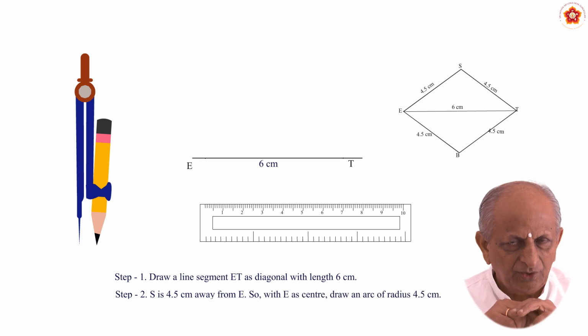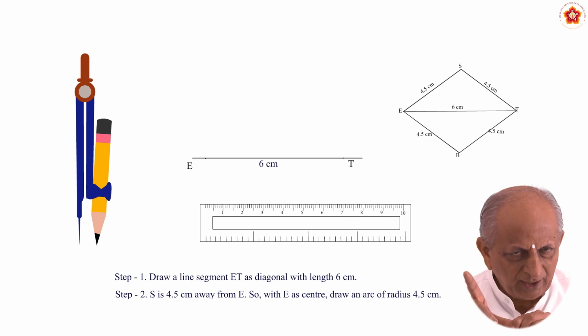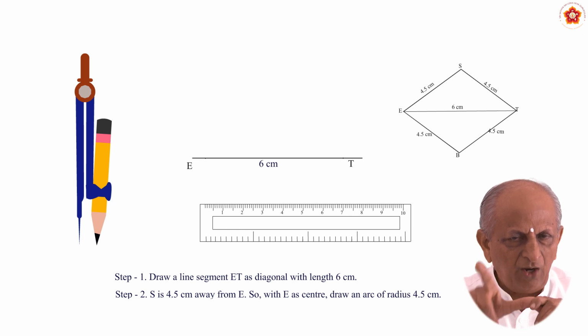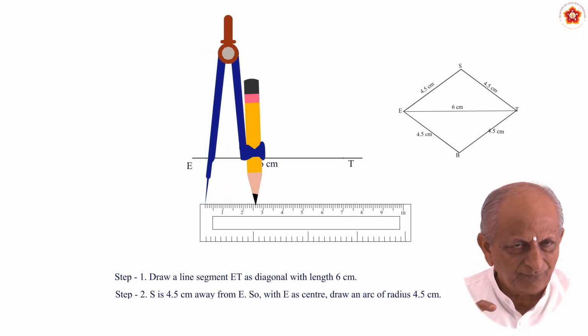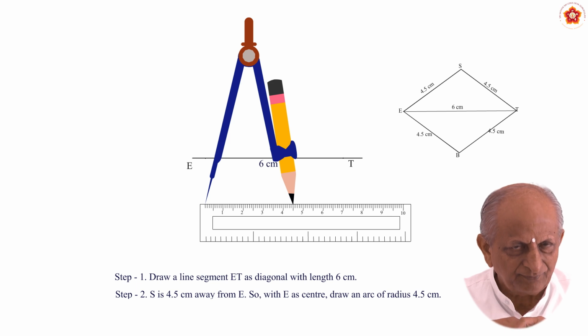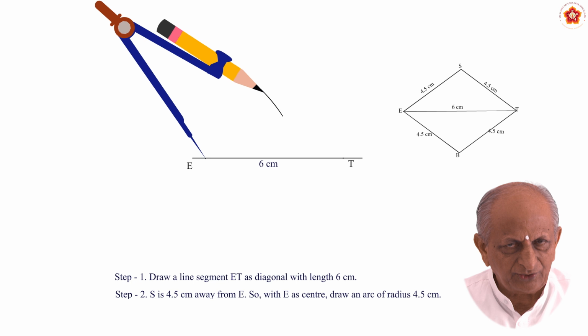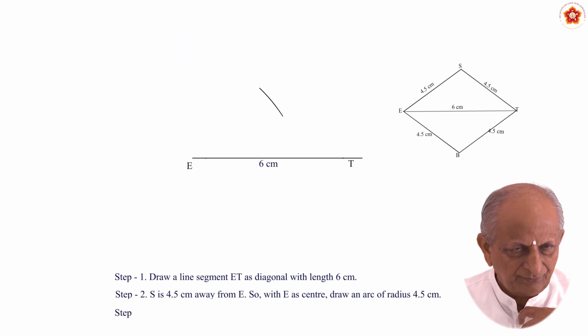Second step, we know that there is a point called S, which is 4.5 centimeters from E. So with E as center, draw an arc of 4.5 centimeters. How do you do it? Take a compass and keep it on the scale and stretch it to a radius of 4.5. So with E as center, draw an arc.